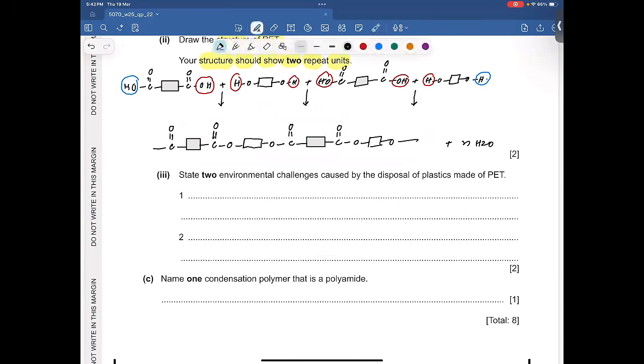State two environmental challenges caused by disposal of plastic made of PET. When this compound is burnt, obviously toxic gases are released. When plastic made of PET is burnt, it releases toxic gases.